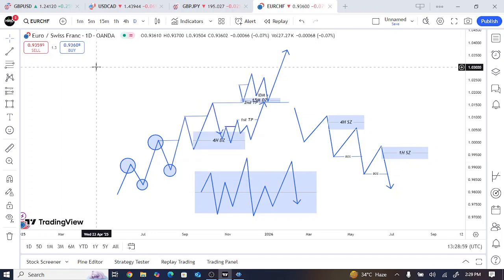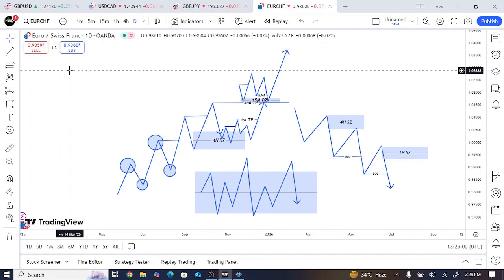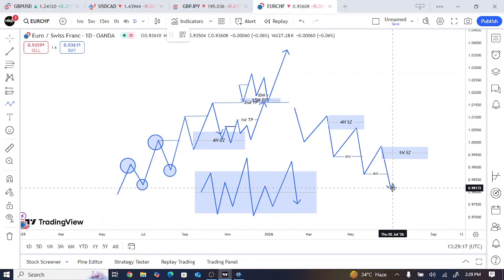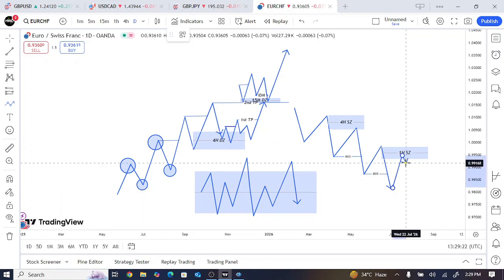So let me go straight to what we have for the day. Now we'll be looking for entries. When it taps back to the zone, we'll be looking for something like this in the 5 minute time frame.